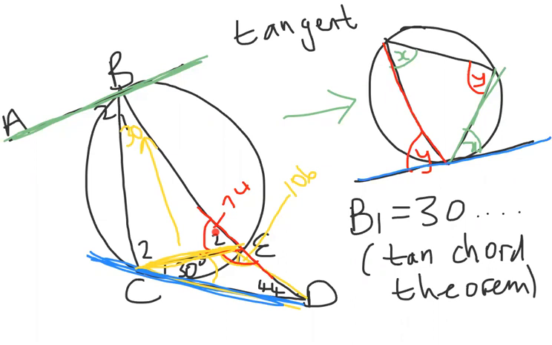Just keep in mind, we've used this blue tangent at the bottom, but we didn't use the green tangent yet. If they say in the sum that AB is a tangent, then we must know that we're going to use it somewhere. So right now we're going to use it. We're actually looking for this B2 over here.